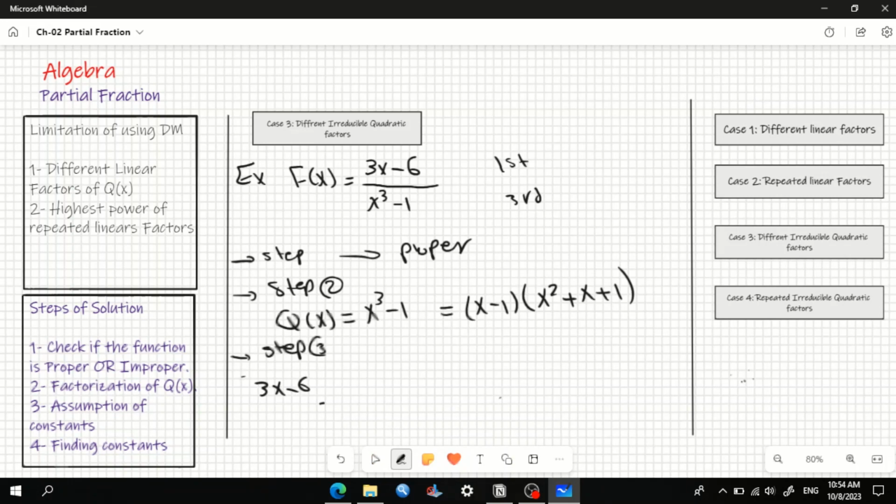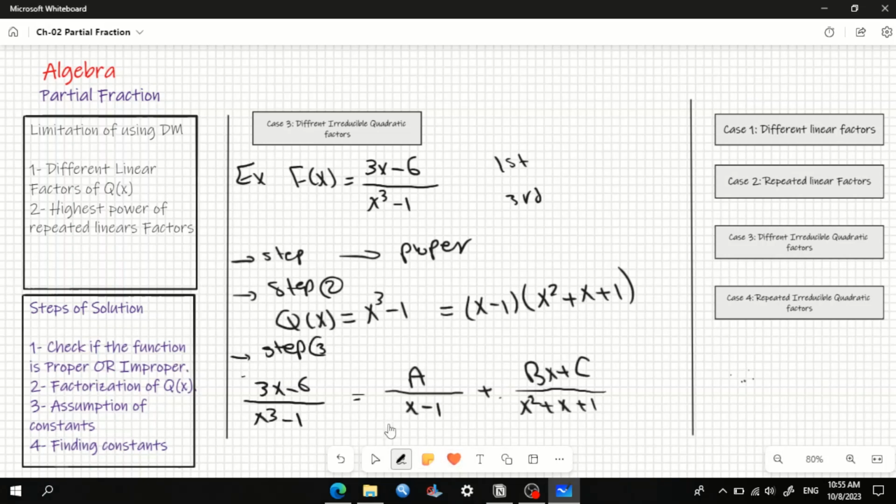3x minus 6 by x cubed minus 1 equal to, here we have a linear factor, and we have an irreducible quadratic factor. So x squared plus x plus 1 is an irreducible factor. Okay, so here we assume a constant and here two constants. So we have bx plus c.